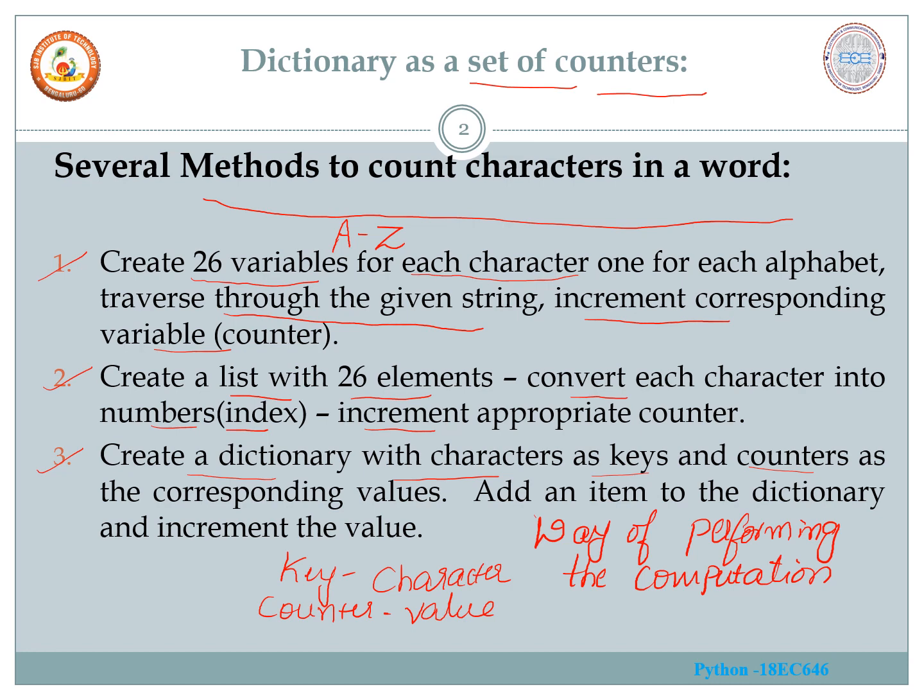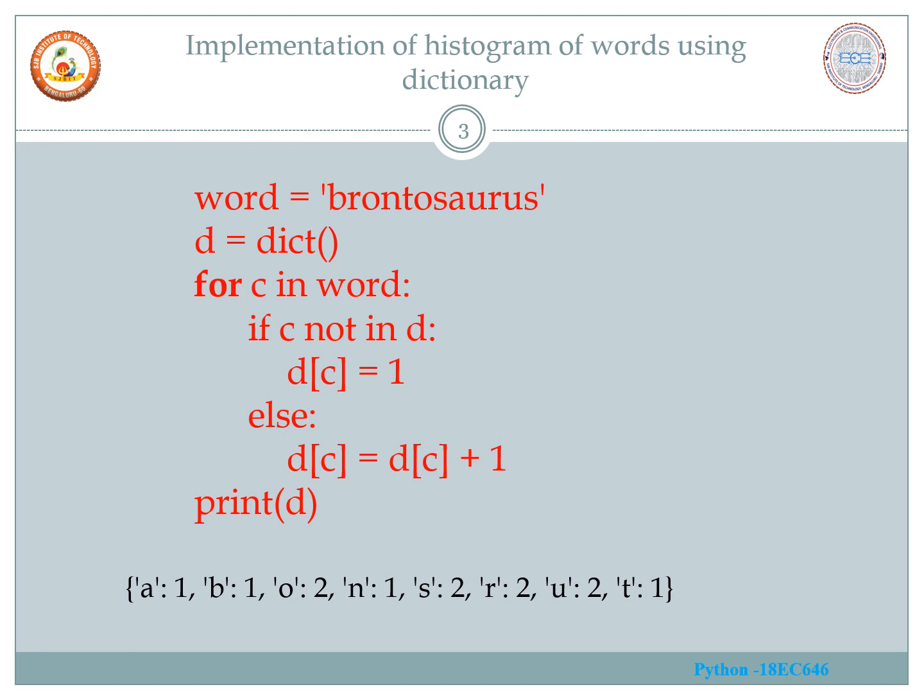Now when we talk about the implementation of a histogram of words using a dictionary, here is a program. We are effectively computing the histogram, which is a statistical term for a set of counters. The for loop is going to traverse through the string.